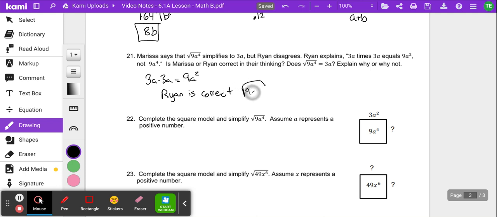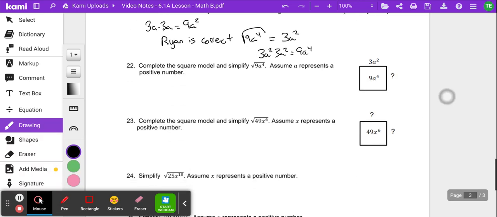The square root of 9a to the fourth is going to be 3a squared, because 3a squared times 3a squared gets us our 9a to the fourth. Okay, so here, this would be a 3a squared.